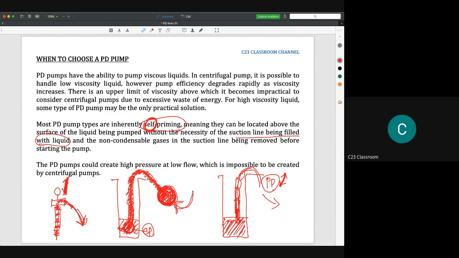So maknanya centrifugal pump dia tak boleh buat priming tu sendiri. Awak yang kena tolong buatkan. So caranya ialah awak masukkan air secara reverse flow, maknanya masukkan air daripada output, daripada discharge pipe sampai penuh, and then awak run pump.